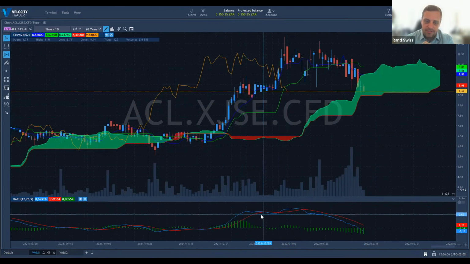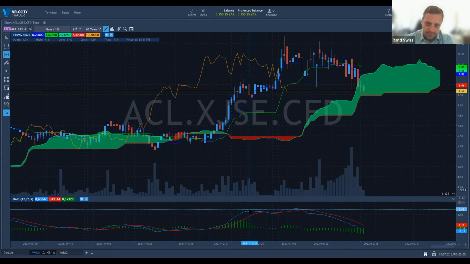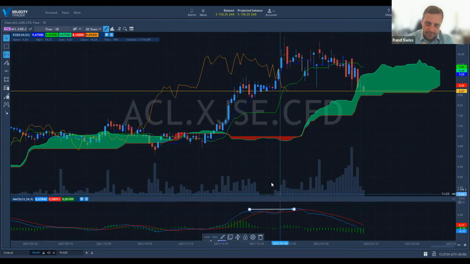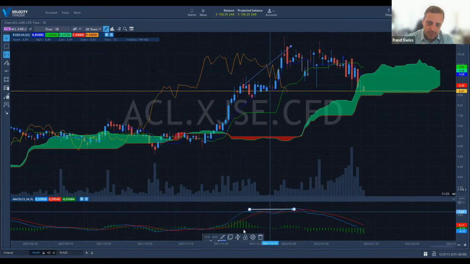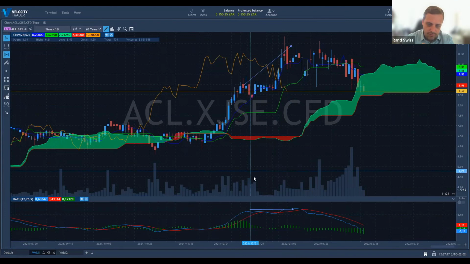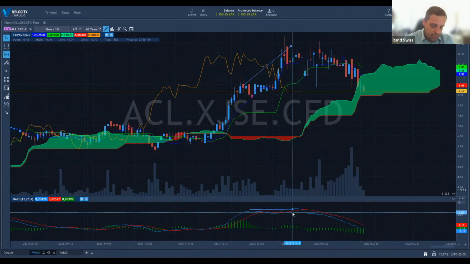Okay, so this was a good example of a divergence. There you can see it was pretty flat, even though over the same period the stock was going up. Let me just see if I can make it more visible, thick. That is a very good example of a bearish divergence. It was telling us, hey, watch out.